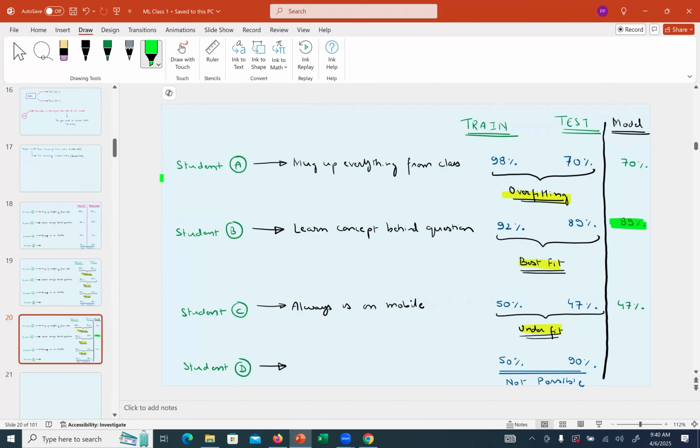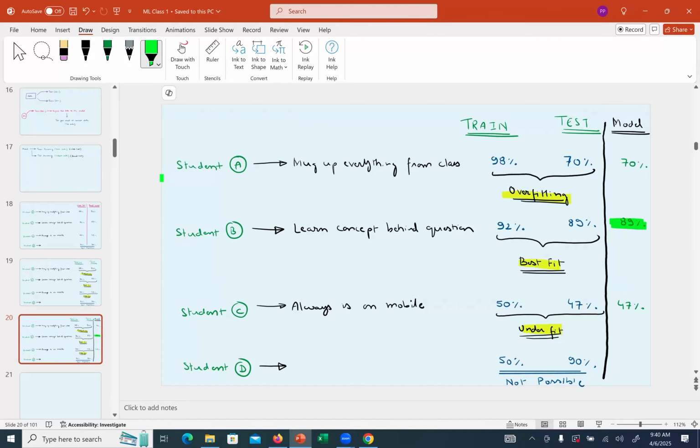Now, one question can be why these scenarios happen. To be very frank, whenever I want to imagine it, I always imagine a teacher and a student. Whatever reasons are possible in a class, the same reasons are possible in building a machine learning model as well. For example, when you are overfitting, it means that you are able to perform well in the class, but not so well on the unseen data set.